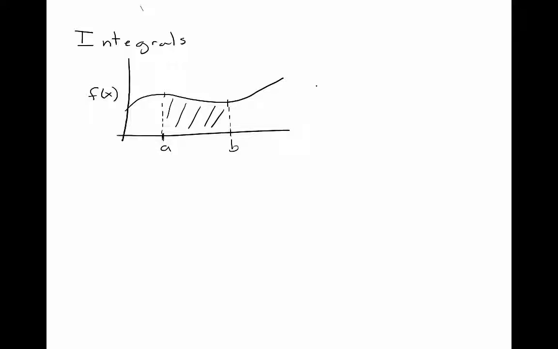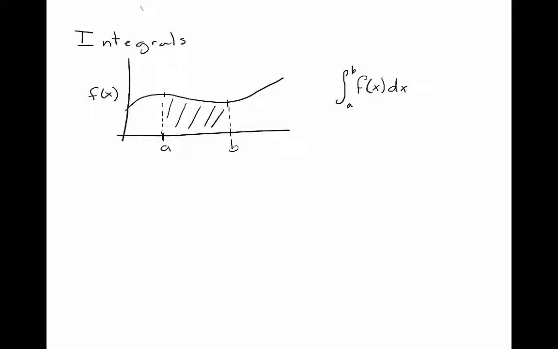And the way that we write that is the integral of f of x dx from A to B. This is a definite integral because it has starting points and ending points. And we'll talk more about the difference between definite and indefinite integrals later.